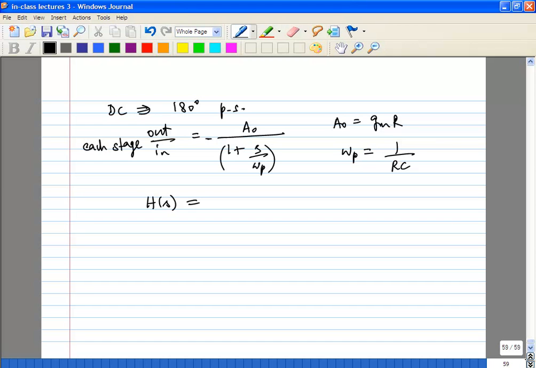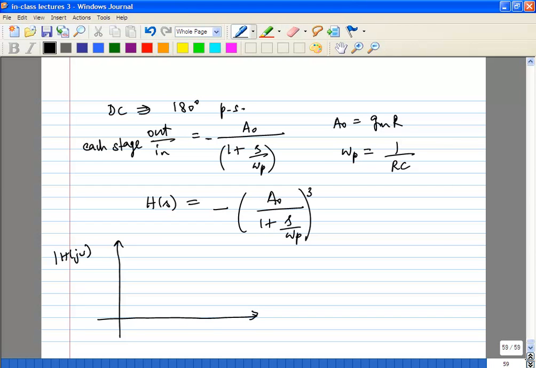So what is the loop gain H of S? It's minus A naught over (1 plus S by omega p) whole cube, right? So let's say you're going to plot mod of H of j omega and angle of H of j omega.